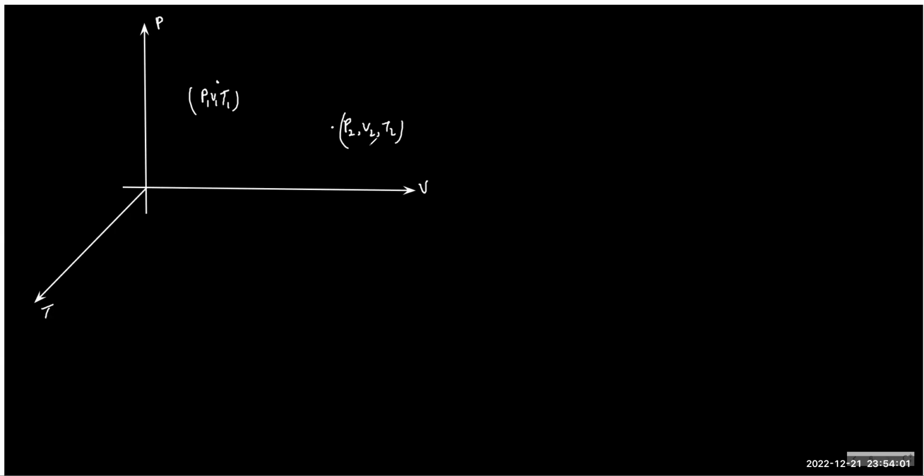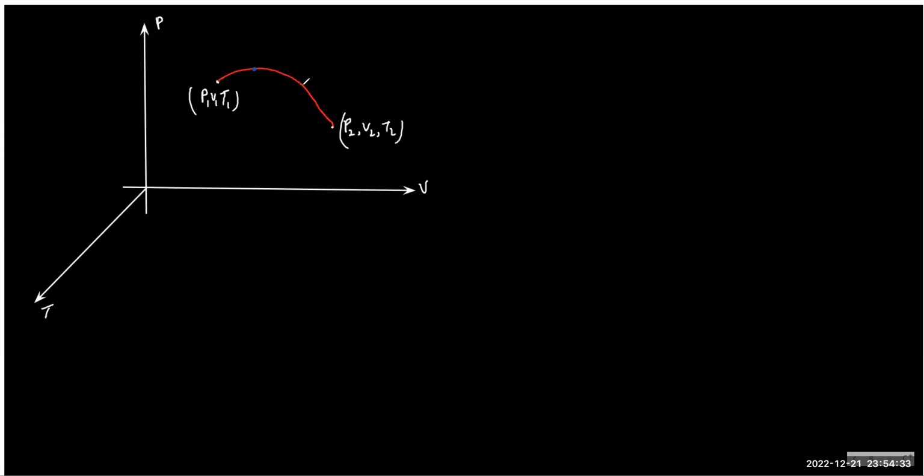No, sir. So to go from one state to another state, how many intermediate states will you pass through? Infinite. Correct.